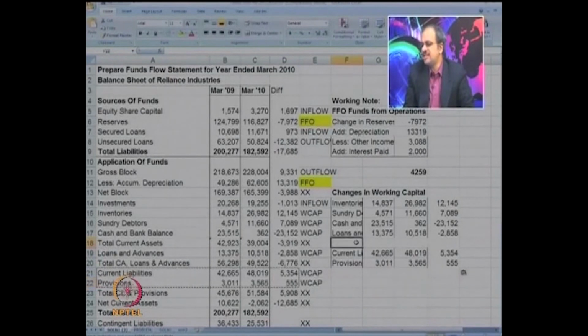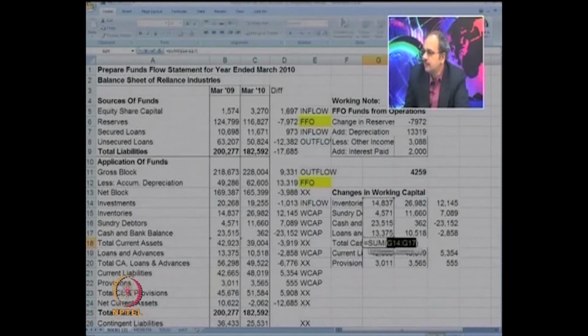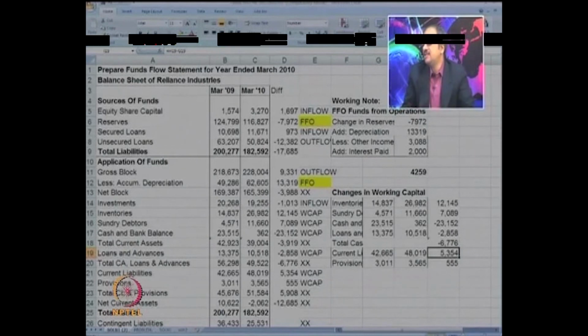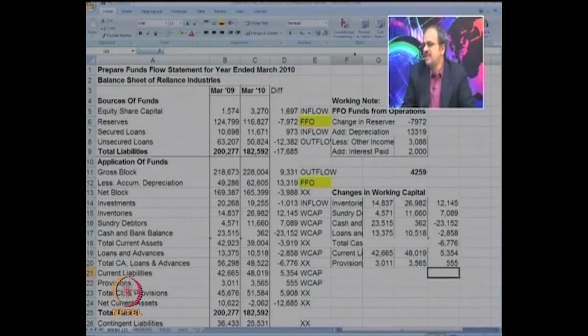So, total changes in the current assets. So you will realize that there is no increase, there is a decrease of current asset by 6766, and there is an increase in the liability by 5908.